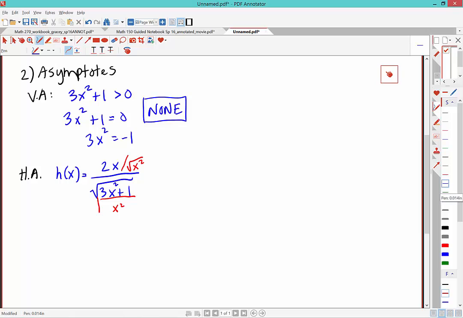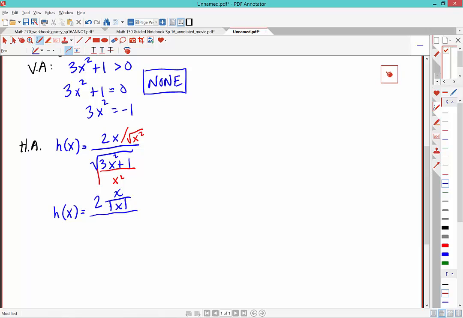So now h of x is going to be equal to 2 times x over absolute x in the numerator, and then over the square root of 3 plus 1 over x squared.